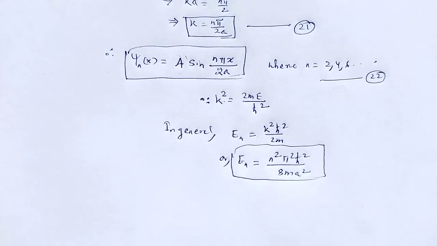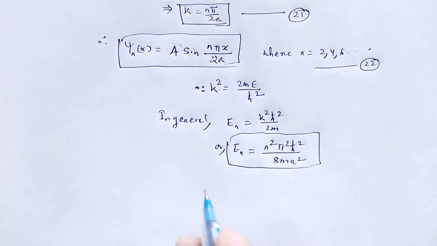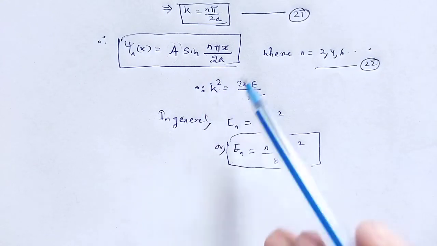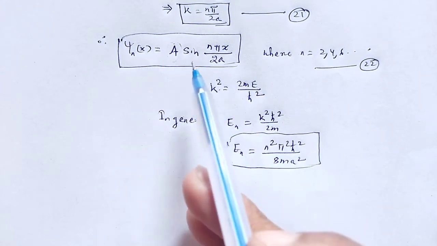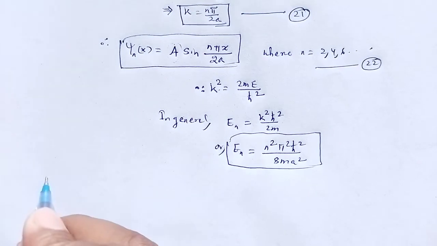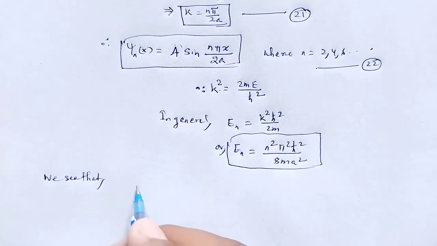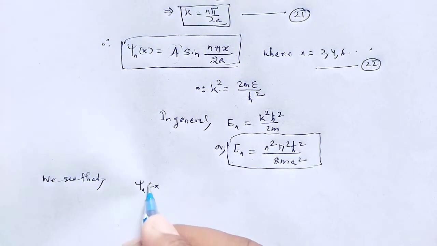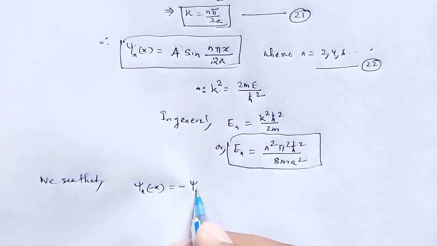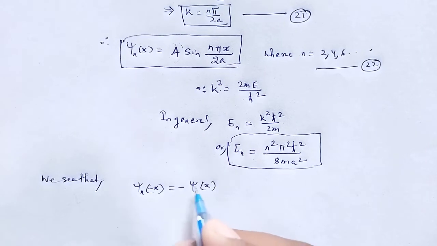So for that case, we see that when we use minus x, that is the odd parity, psi n of minus x gives rise to minus psi n of x.